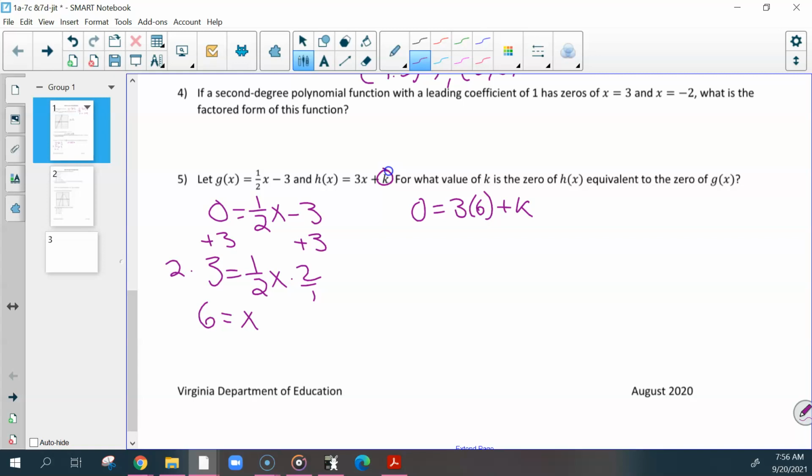In order for it to be a 0, y needs to be 0. To solve for k, I would subtract. So if k is -18, then when I solve for 0, I should get 6, and I could check that.